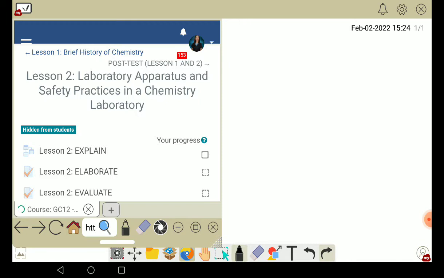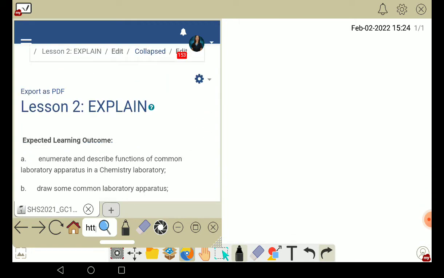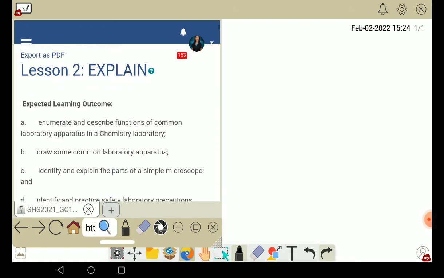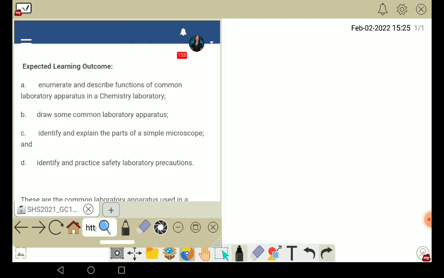Okay, so to begin with, we need to know our objectives or the learning outcomes that we need to attain in order for us to learn something about this topic. The first one: we need to enumerate and describe functions of common laboratory apparatus in a chemistry laboratory. Second will be to draw some common laboratory apparatus based on the projected example image.